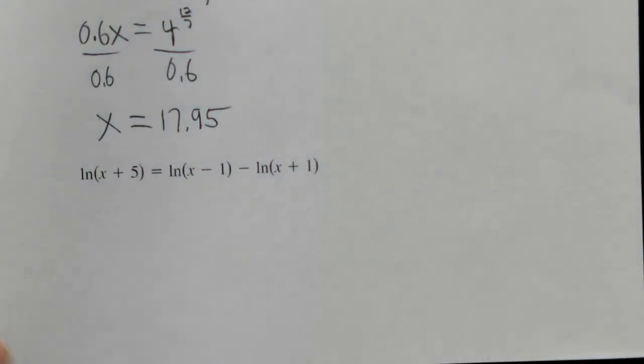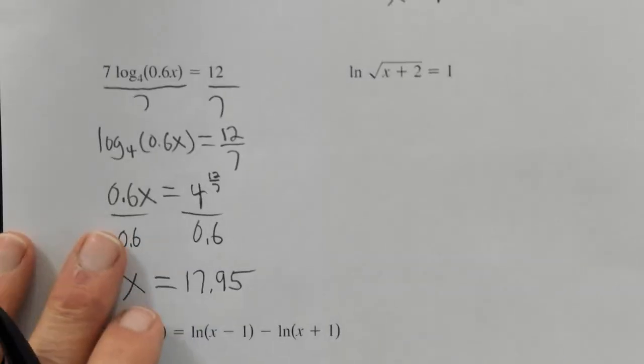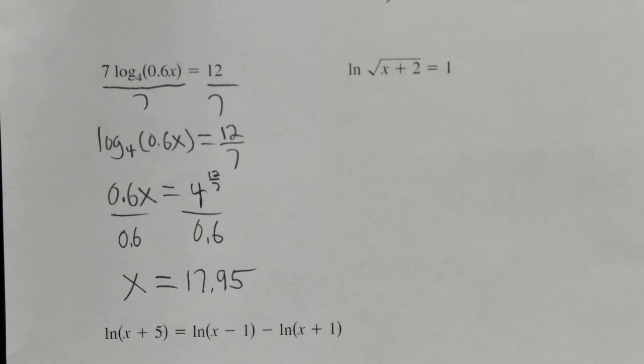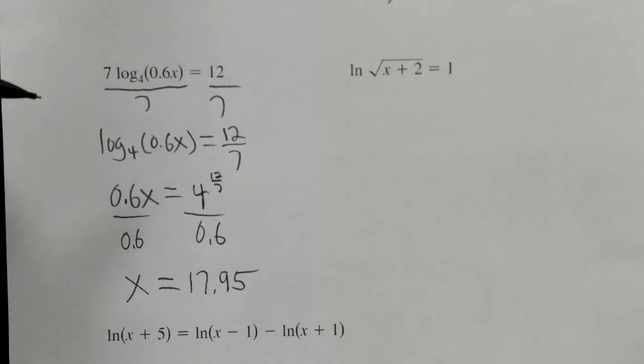And so that brings us to the next problem, which is the natural log of the square root of x plus 2 equals 1. And by the way, before we proceed, one thing that I forgot to mention on these is that you want to make sure with all of your solutions that you're not getting something that's not going to be an answer.